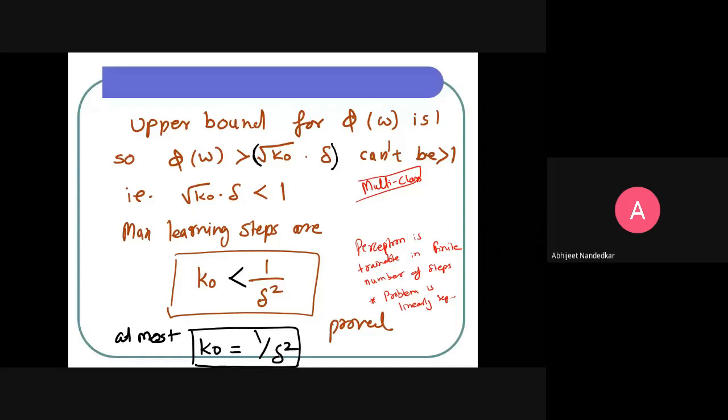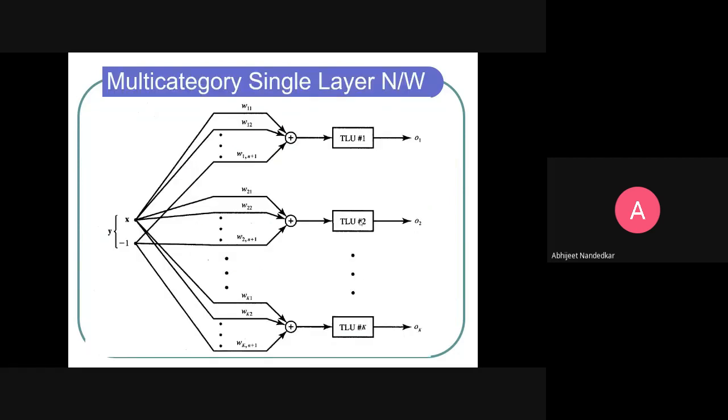What we saw in last class was a two-class problem. So the same perceptron we will try to use for multi-class. Now this is a multi-category single layer network. So what it means, we have many categories.